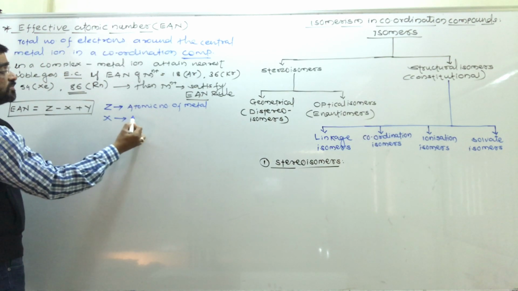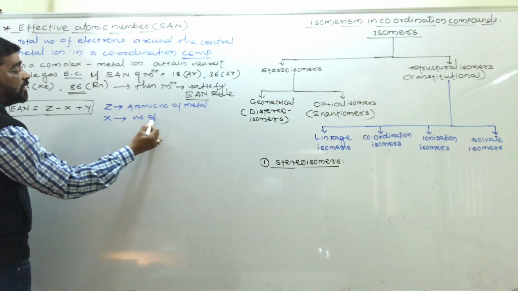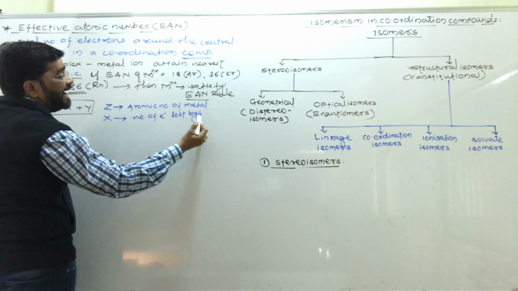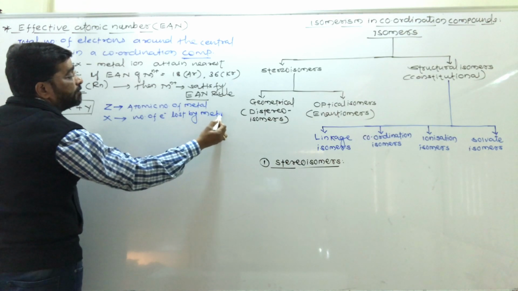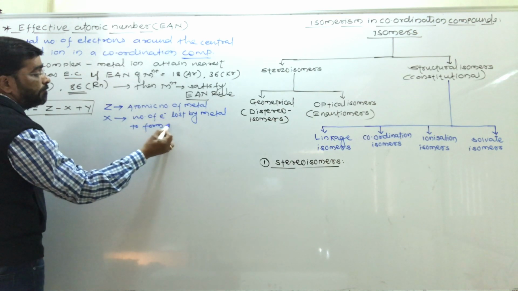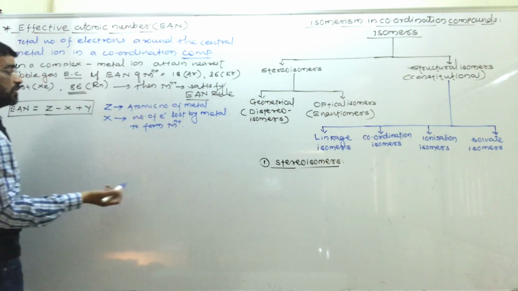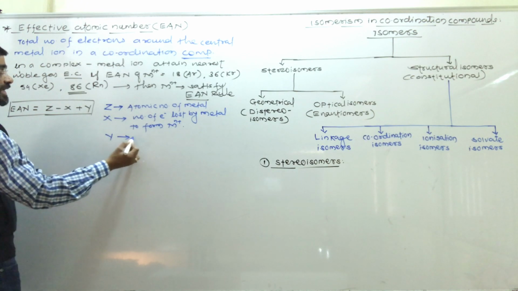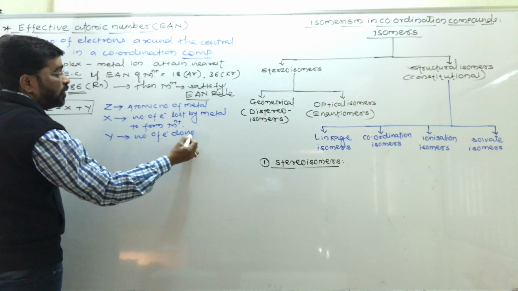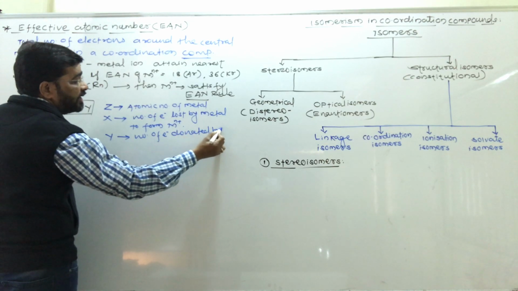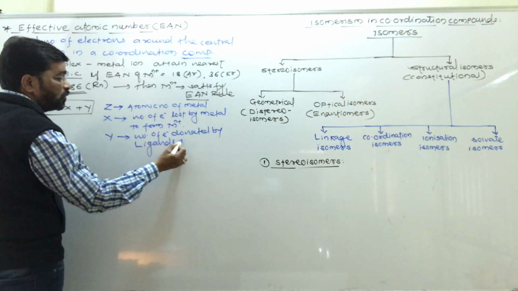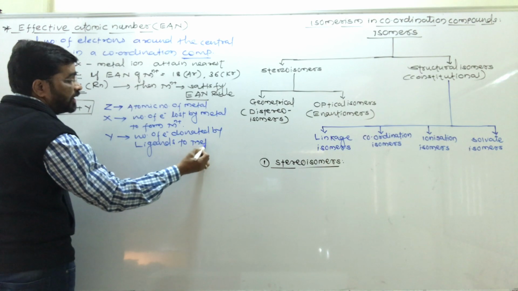X is the number of electrons lost by the metal to form the metal ion, and Y is the number of electrons donated by ligands to the metal or metal ions.